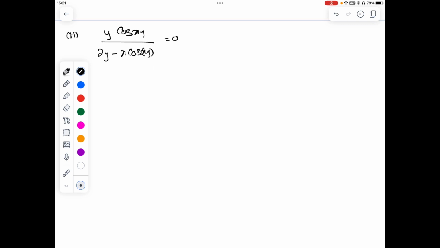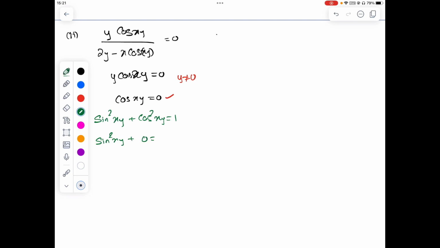So cross multiplication, what do I get from there? y cos xy equals 0. Because y is not equal to 0, only cos xy should be equal to 0. Now we know that sine squared xy plus cos squared xy equals 1. So cos squared xy was 0, so sine squared xy plus 0 equals 1.